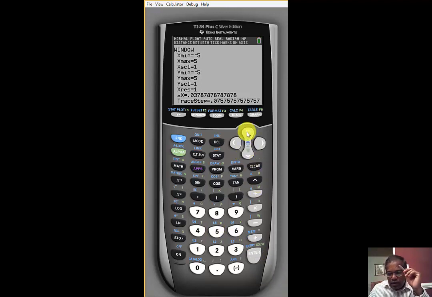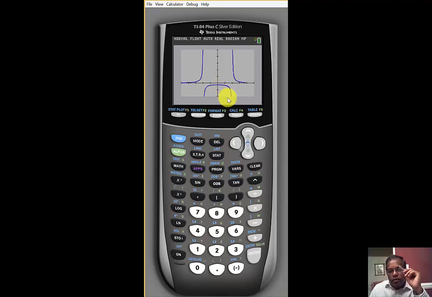Let me even reduce this to negative 2 and see what I get. You can see it cuts over here, so we got earlier negative 1/4 as the y-intercept. So we use the calculator to confirm that the sketch that we got of the rational function is correct.